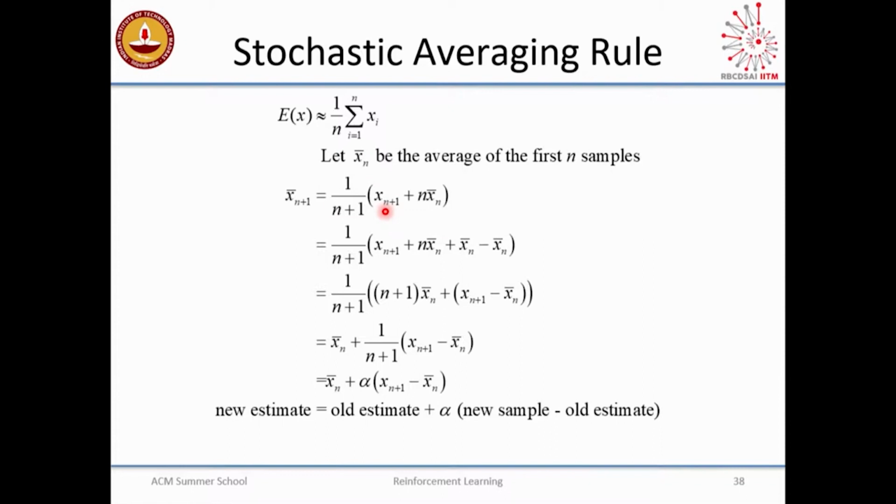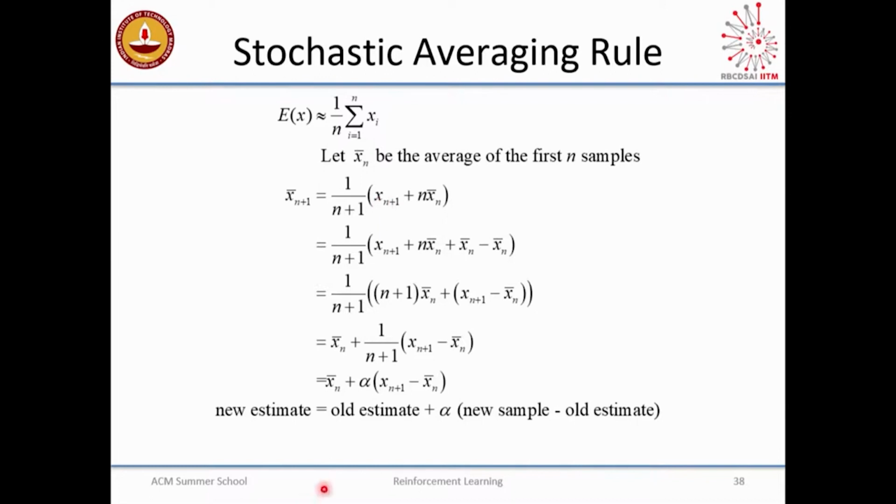Now what will be the total of the first n plus 1 samples? To find x bar n plus 1, I have to find the total of n plus 1 samples and divide by n plus 1. The total will be n into x bar n, because I obtained x bar n by adding up the first n samples, plus the n plus 1 sample, divided by n plus 1.